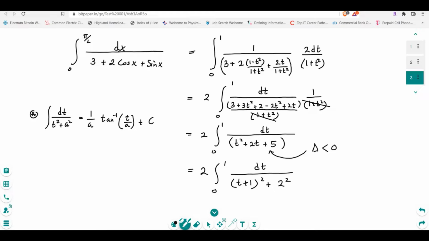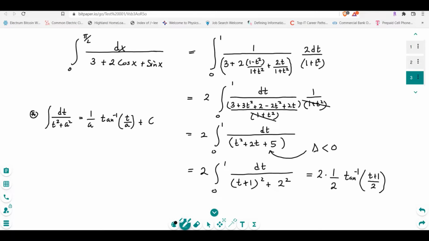So you can see, if I use this identity, I'm going to have a 2, the original 2, and then you can see 2 squared, so I will take the square root of 2 squared, which is going to be 2. So I'll divide this by 2, and then I have inverse tangent of t plus 1, because if it's t squared, then I put t, but here it's t plus 1 squared, so I had to put t plus 1 over the square root of this constant over here, which is 2.